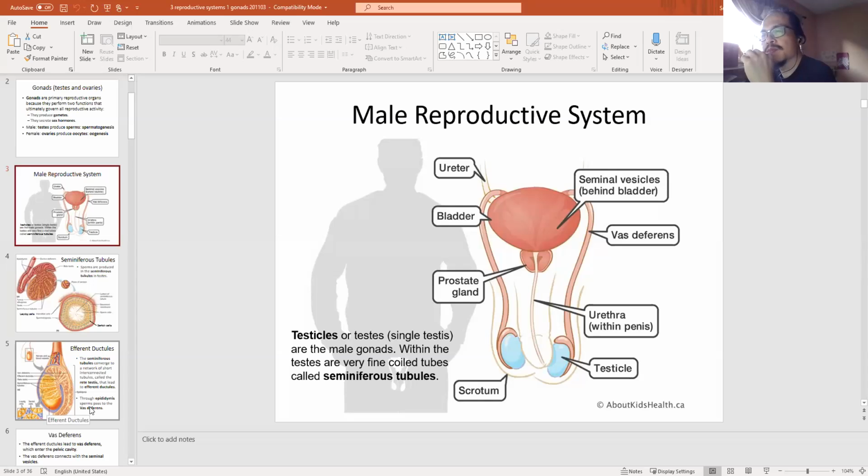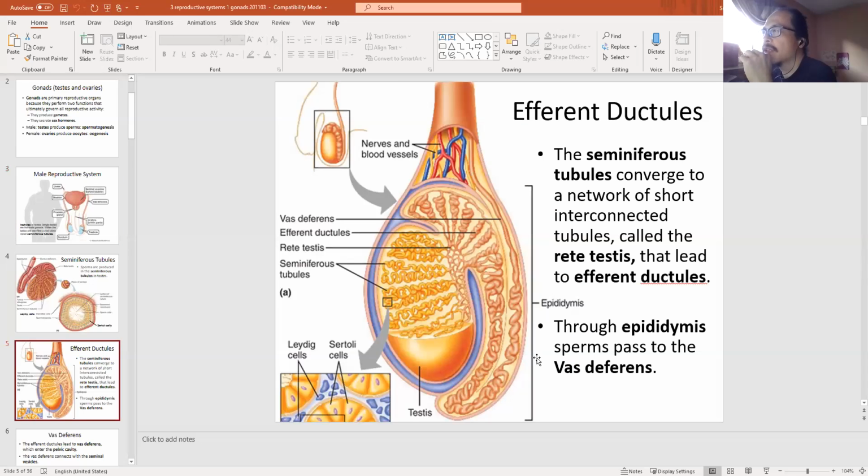From here, we have two cells: the Sertoli cells and the Leydig cells. The sperm go through the seminiferous tubule, through the rete testis, and into the efferent ductules. Efferent means going out, like exit. Afferent means coming in.